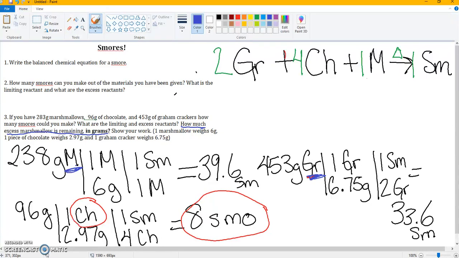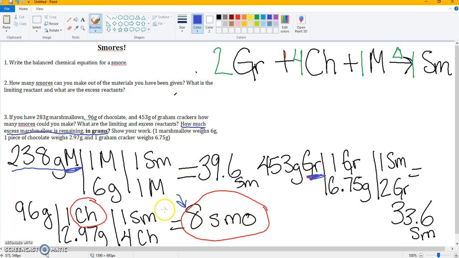And if that's the case, then I would take the number of marshmallows I started off with, which is 238 grams of marshmallows. I would subtract the 8 marshmallows that I used up in my process of making s'mores, and that would give me how many marshmallows remained.